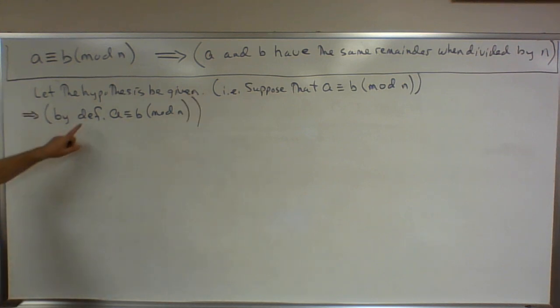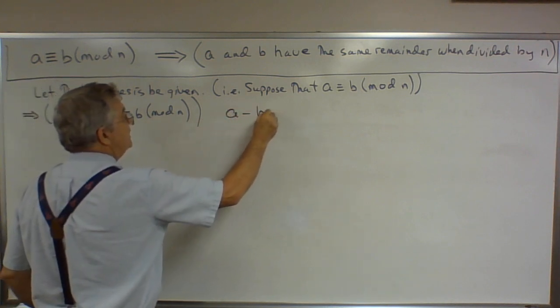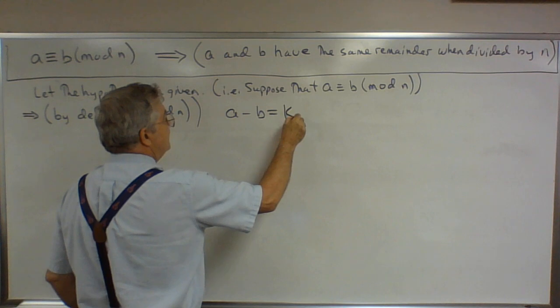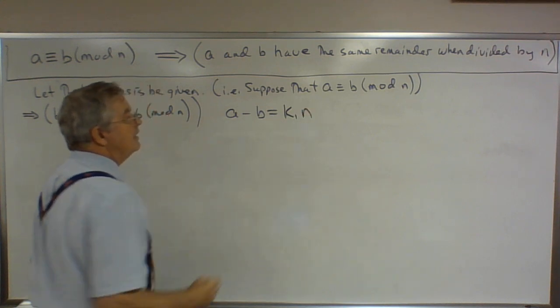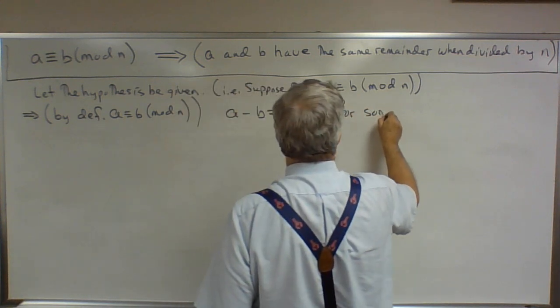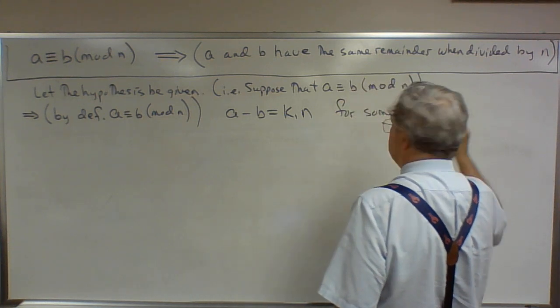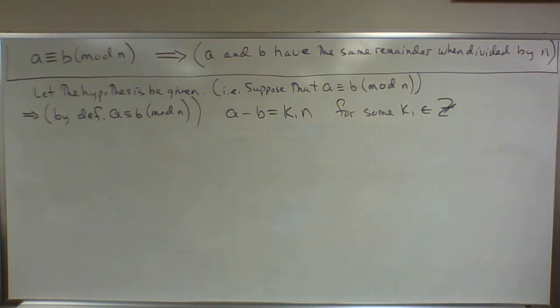So this implies, by the definition, that A minus B is equal to some integer times n. So that's what our hypothesis means.